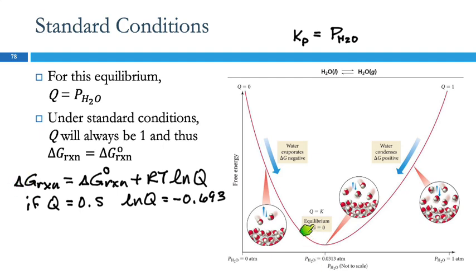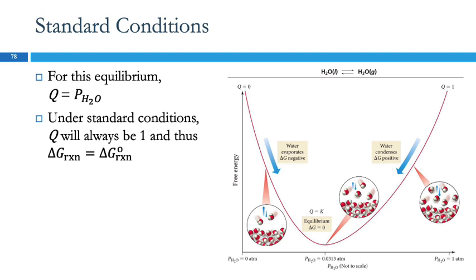But at the point where Q is equal to K, that's where delta G is equal to 0. And that happens at 0.0313. Below that, the evaporation will be spontaneous. Above that, the condensation of water will be spontaneous. I probably just should have stopped on that one a long time ago. Any questions? It was bad. Sorry about that.